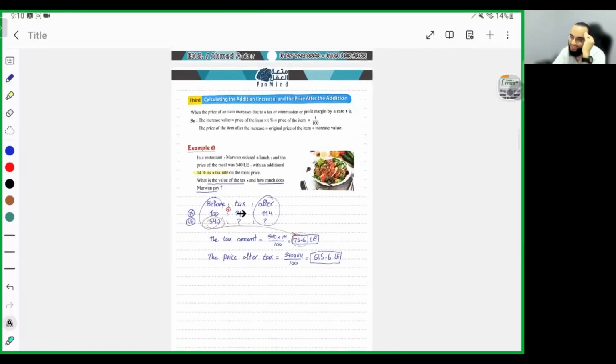We added. So the tax, take care about it. The tax may be added and the tax may be subtracted. It depends on the meaning of the question.